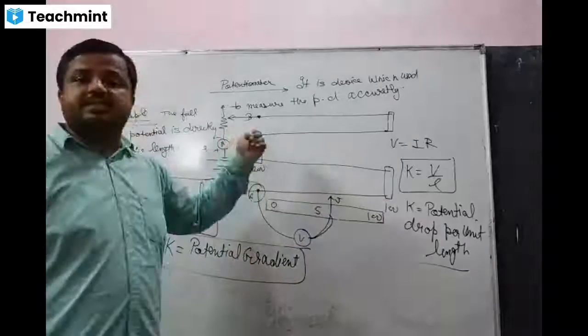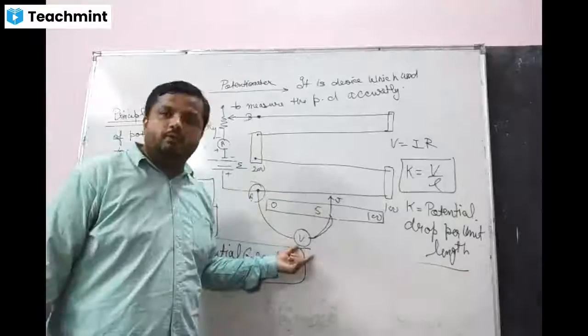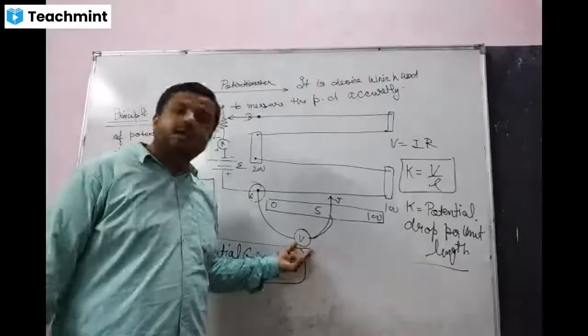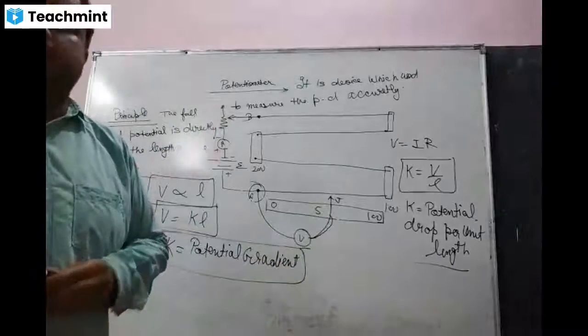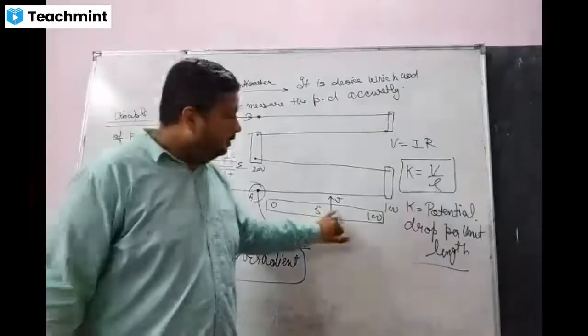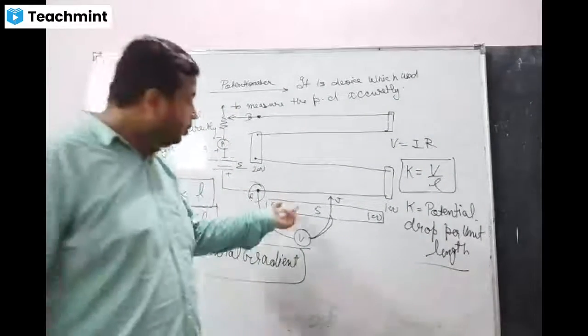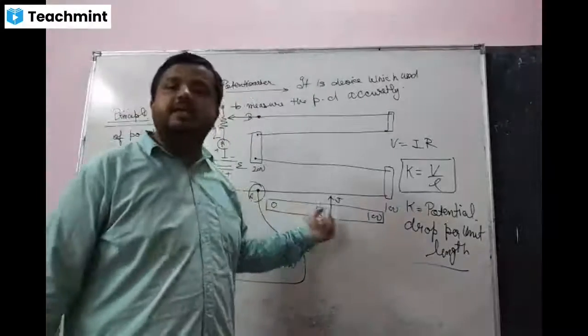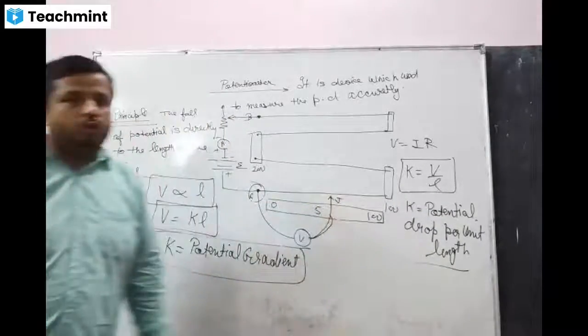The variable resistance is changed. Then we connect the potentiometer, the voltmeter and the jockey. The jockey is used to conduct the current. The jockey completes the circuit. Conduction is provided by the jockey.